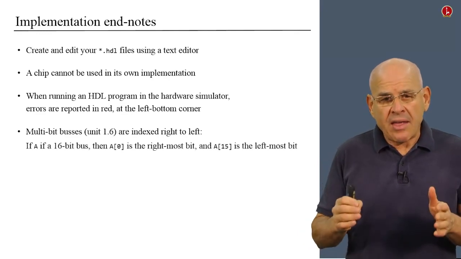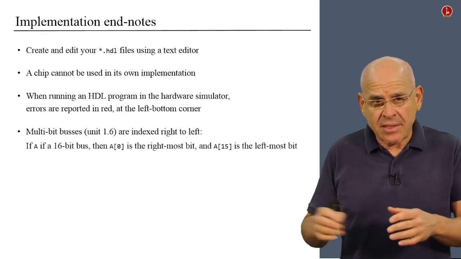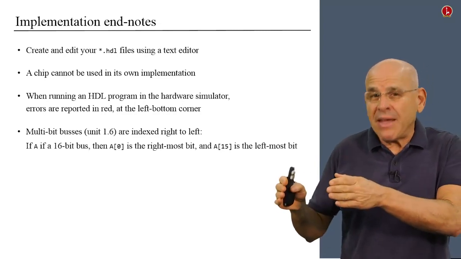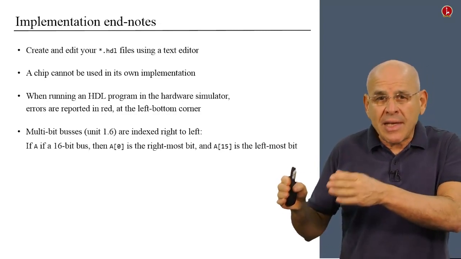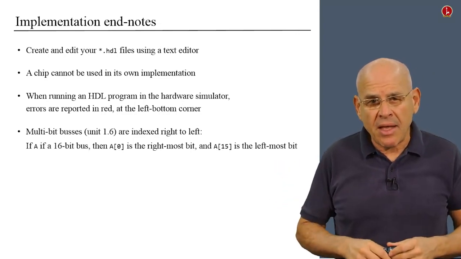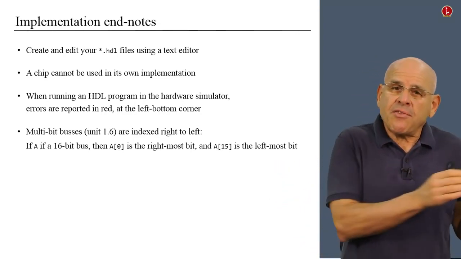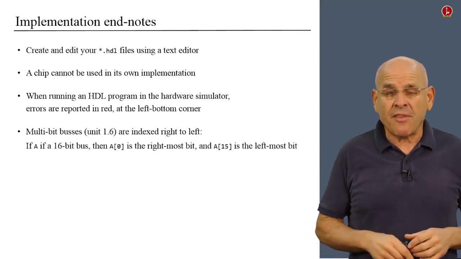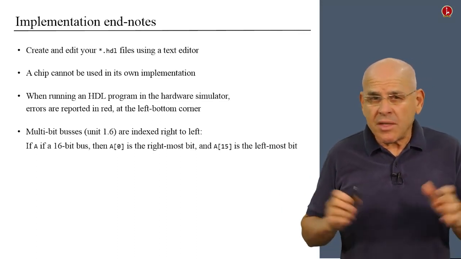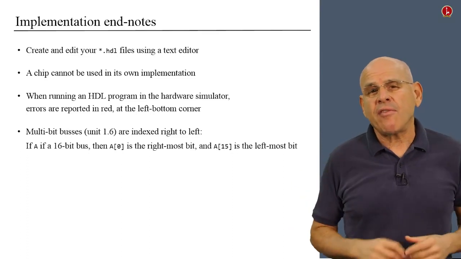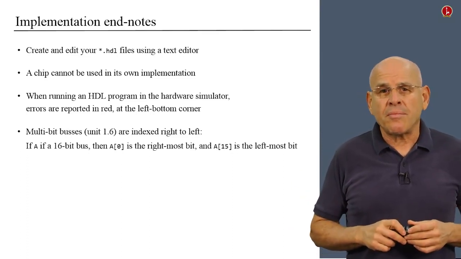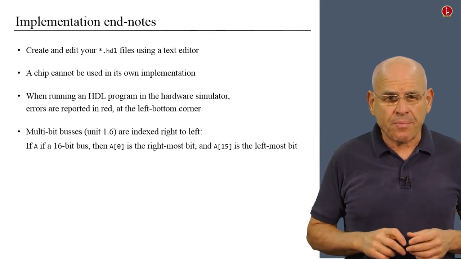So if A is a 16-bit bus, then A0 stands for the rightmost bit, sometimes called the least significant bit or the LSB. And A15 stands for the leftmost bit, also called the most significant bit or the MSB. This is just a convention that you have to keep in mind when you index your multi-bit buses.